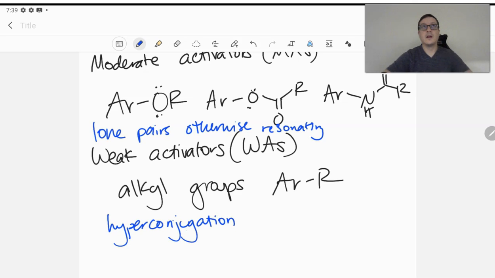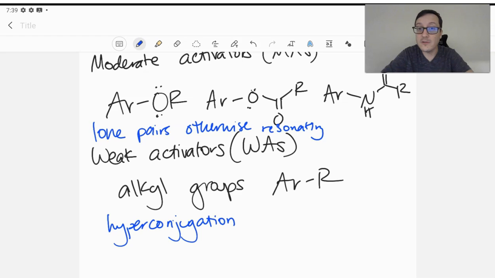And that's a very weak effect, right? We saw that having an allylic species, something that can resonate, is a lot more stabilizing than hyperconjugation is. A primary allylic carbocation is much more stable than a tertiary non-allylic carbocation. So hyperconjugation is a much weaker effect.